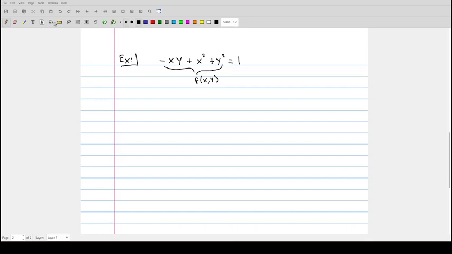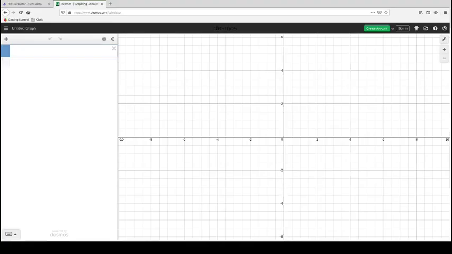If you want to get a visualization of this, you can go ahead and do so in Desmos or some other tool. So I'll open up the Desmos window so we can take a look at this. x squared plus y squared minus x times y is equal to 1.